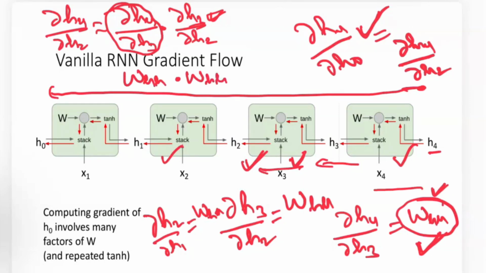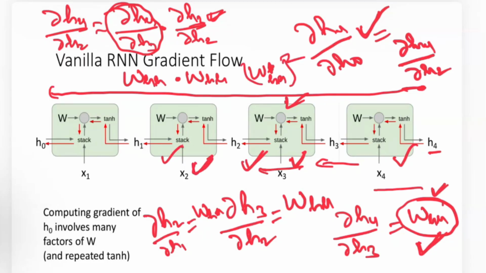That is also W_HH. So at this point, if I ask what is the gradient of H4 with respect to H2, you'll say this is W_HH into W_HH, that is W_HH squared.